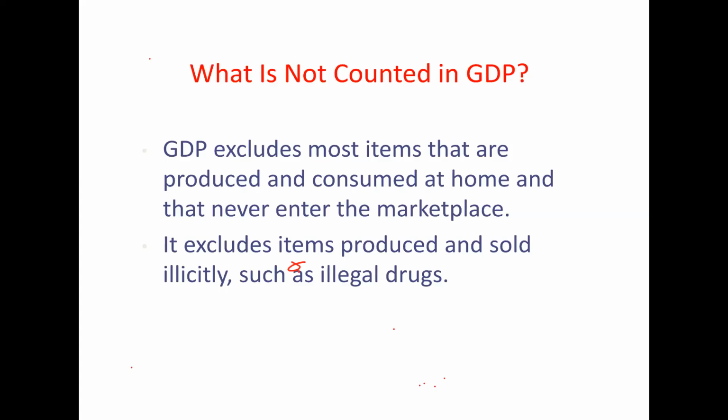So with the Soweto problem, you cannot see how much is being produced. It does not really reflect, because the transactions done at Soweto don't enter into the computer, into the system. It's very difficult. It also excludes things that are sold illicitly, such as illegal drugs. You do those illegal transactions, huge sums of money will come, but people will not open up.